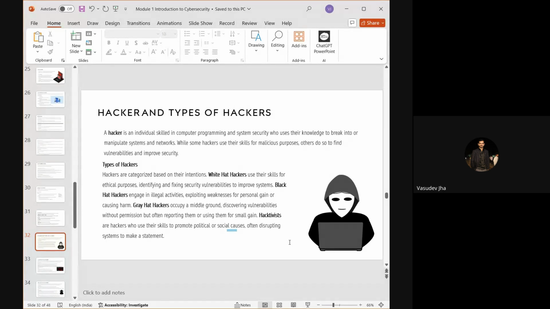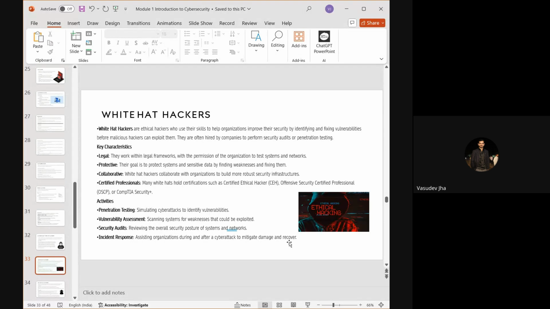Now we need to understand the types of hackers. Basically, we have white hat and black hat, which you have all heard of. Also, we have gray hat hackers. White hat hacker key characteristics are legal, protective, collaborative, and certified professional.